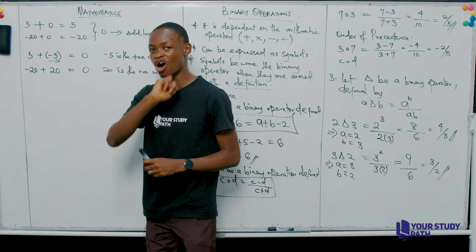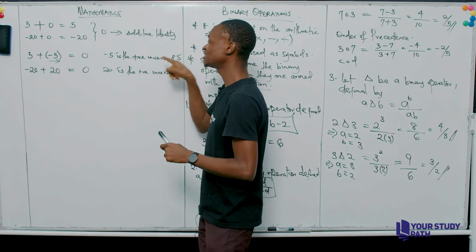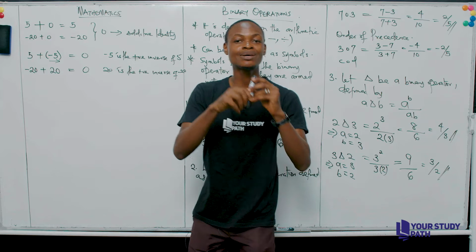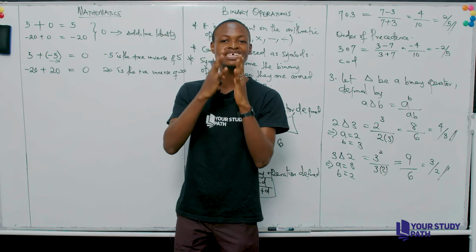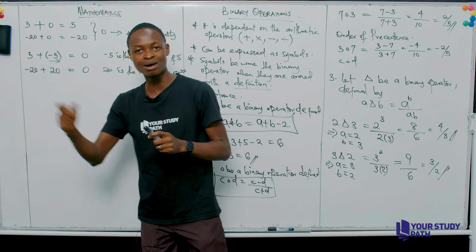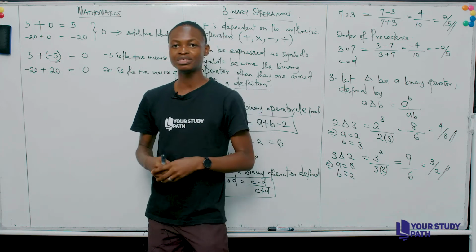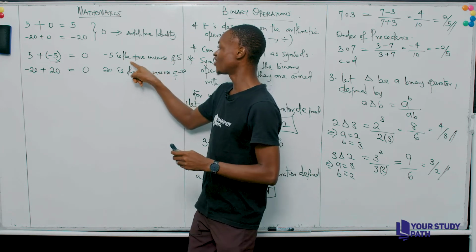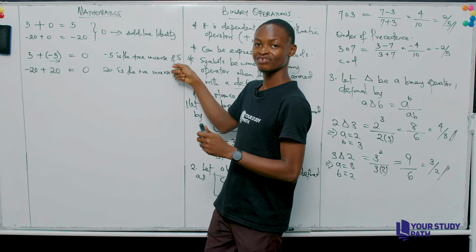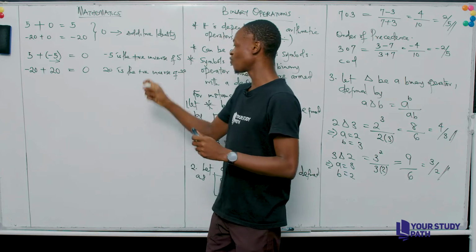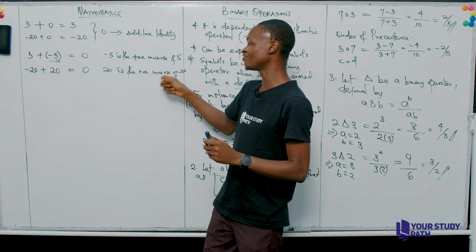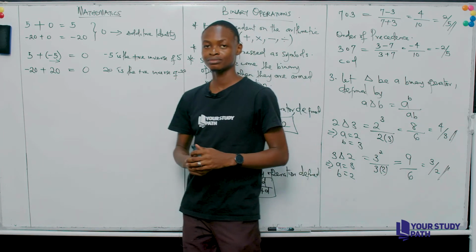The next thing we can also notice is that the additive inverse changes for each number. It is a specific inverse for each number. What does that mean? It means that if you are looking for the additive inverse of 5, which is minus 5, it is different from what you will have when you are looking for the additive inverse of minus 20.